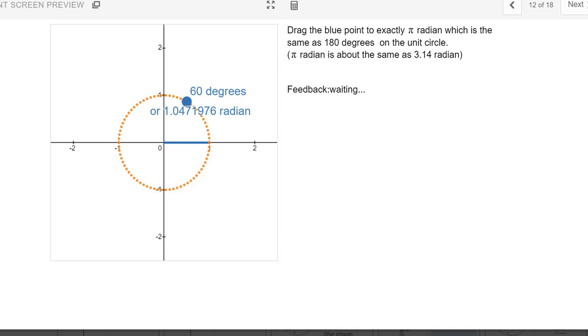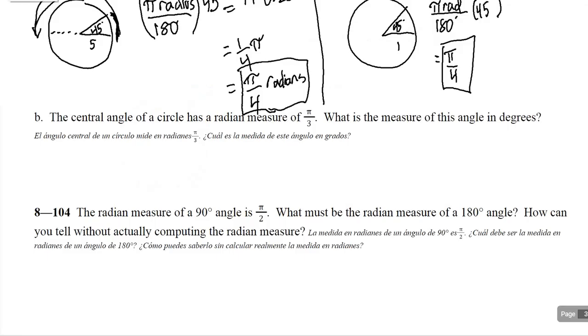Similarly, 180 over pi will take us from radians to degrees.